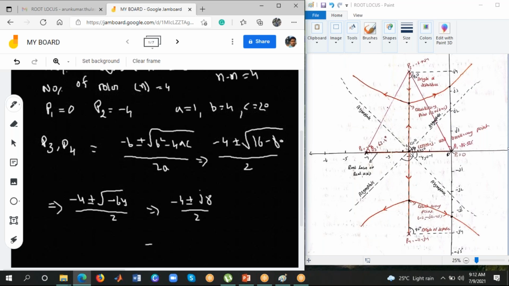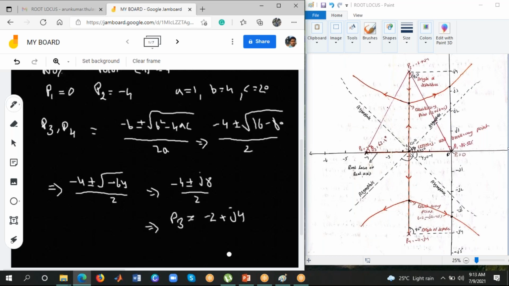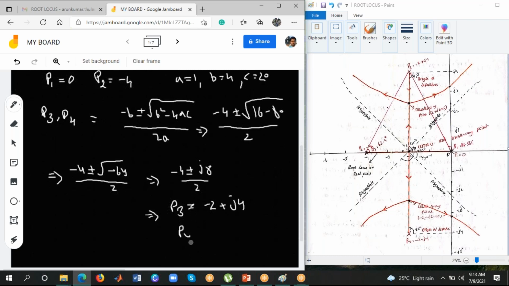Finally, P3 is minus 2 plus j4, and the second one, P4, is minus 2 minus j4. So these are the four poles. P1 is 0, P2 is minus 4.